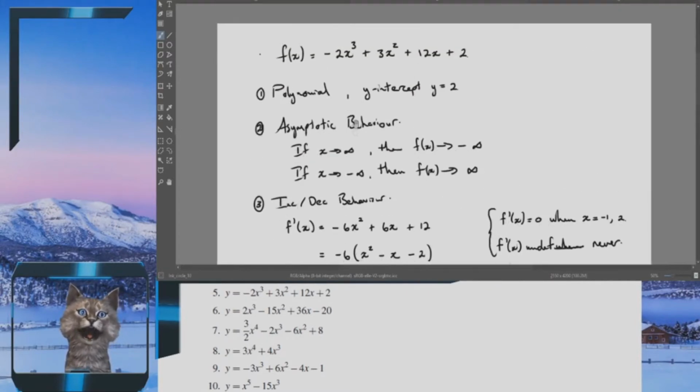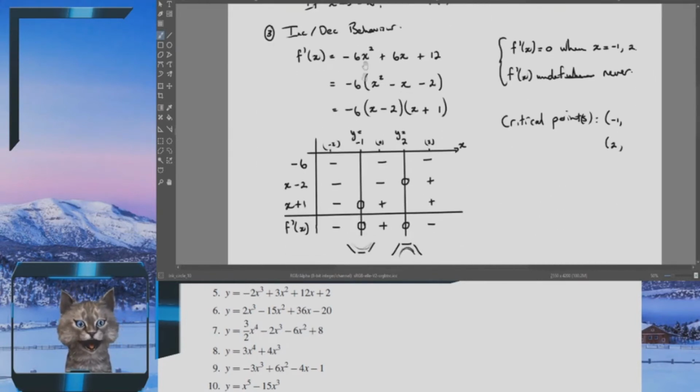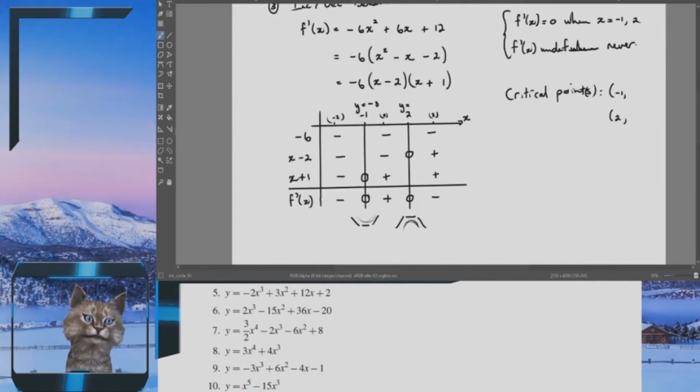And for that, of course, we look at the original function. When you plug that in on your calculator or do it in your head, you get negative 2 times negative 1 cubed plus 3 times negative 1 squared plus 12 times negative 1 plus 2, and you should get negative 5.